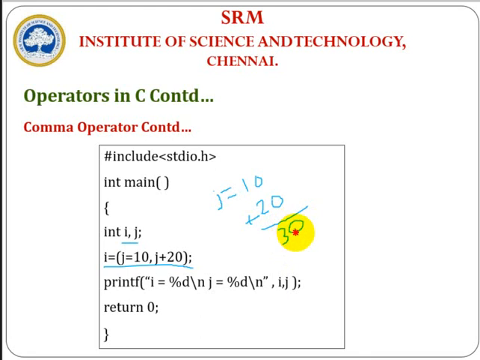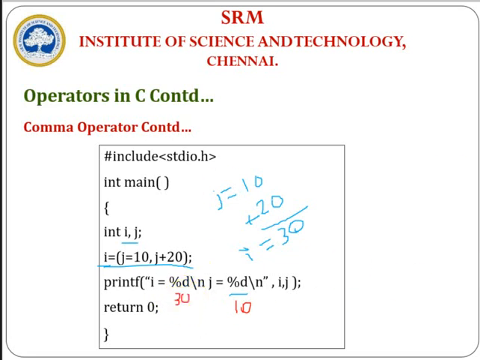The operation will be performed, and then where will it store the result? It will store it in i. So now 30 will be stored in the i variable. When you try to print i and j, j is 10 because we are not changing j. j is still just 10, and j + 20 is assigned to the i variable, so i will be 30.